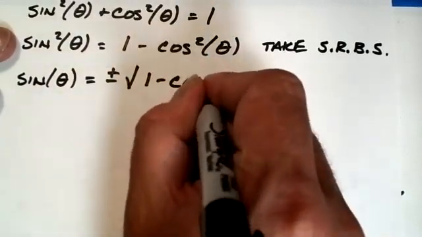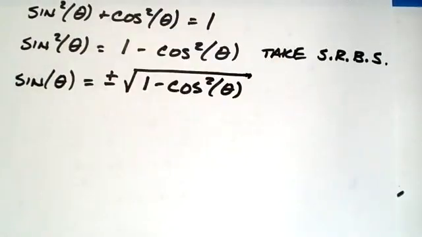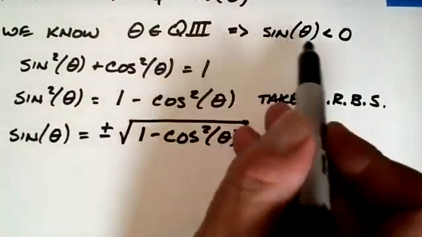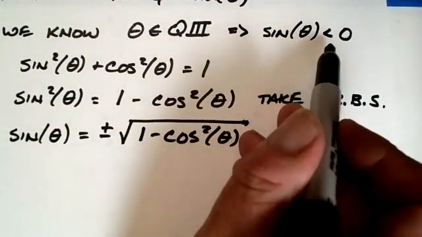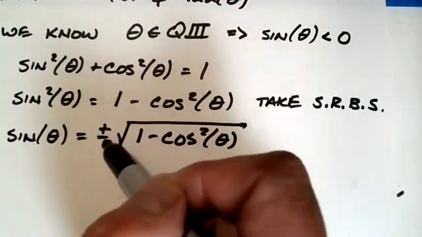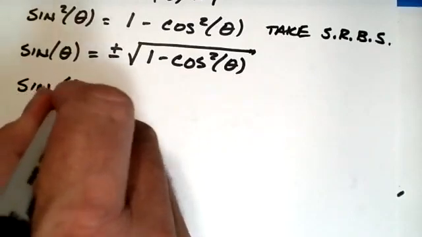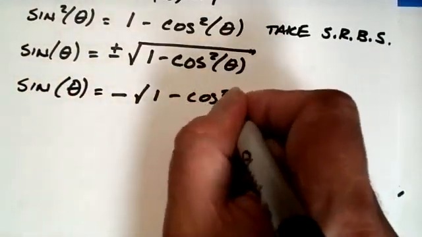So plus or minus the square root of 1 minus cosine squared of theta. Now, because it's quadrant 3, and we've already determined that the sign of sine is less than 0, we can get rid of the positive branch. So we have sine of theta is actually the negative square root of 1 minus cosine squared of theta.